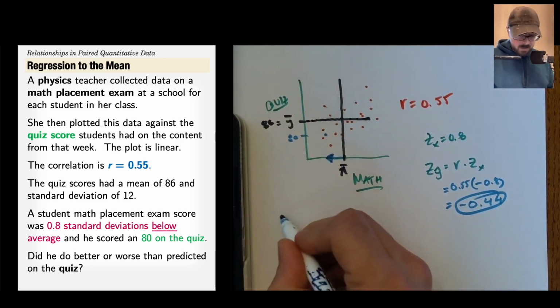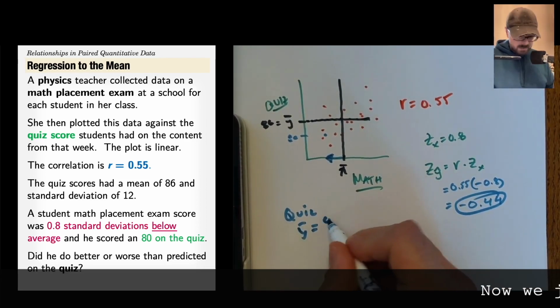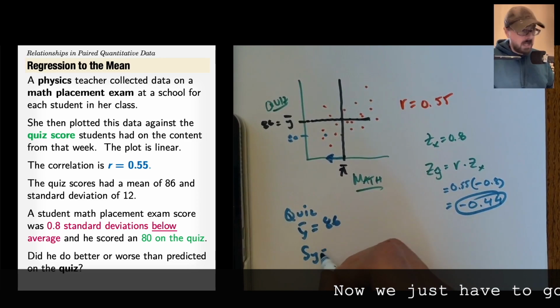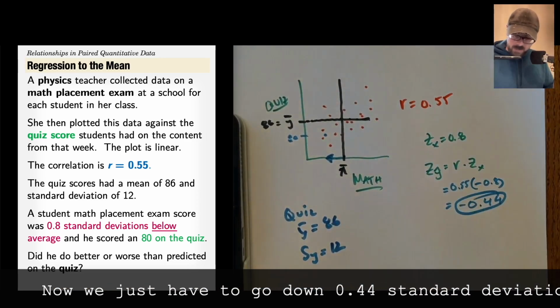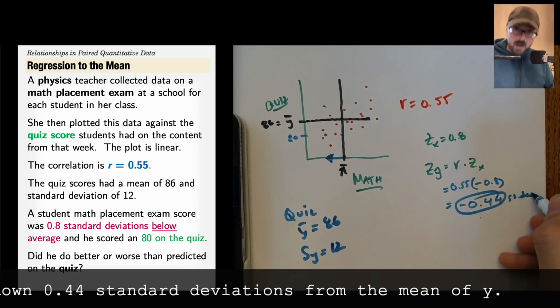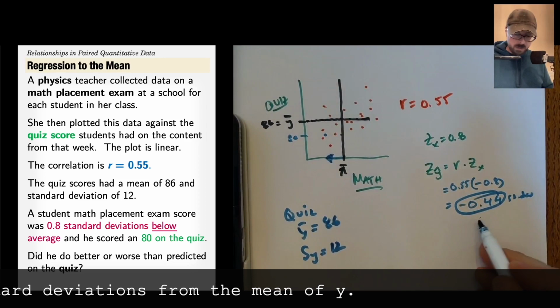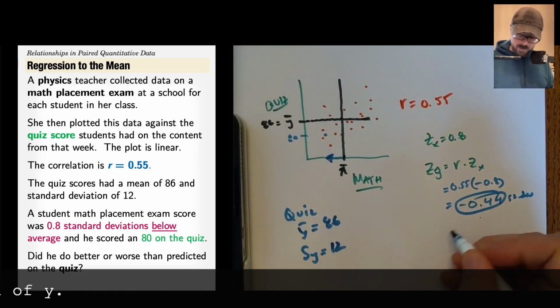So remember the quiz scores have a mean of 86 and a standard deviation of 12. And so I would expect this student to be 0.44 standard deviations below average in their quiz score. Remember, the unit here is standard deviations. So how many points is 0.44 standard deviations?